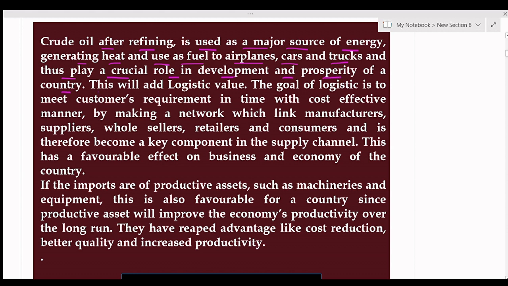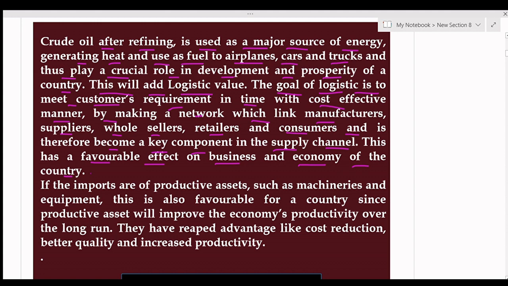This will add logistic value. The goal of logistics is to meet customers' requirements in time in a cost-effective manner by making a network which links manufacturers, suppliers, wholesalers, retailers and consumers, and therefore becomes a key component in the supply channel. This has a favorable effect on business and economy of the country.